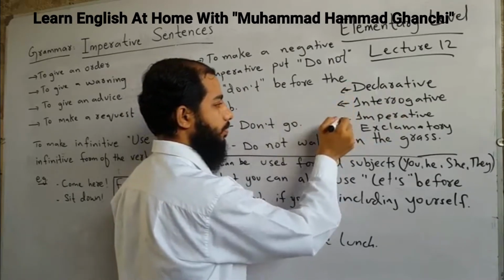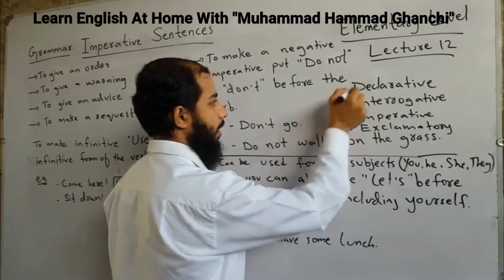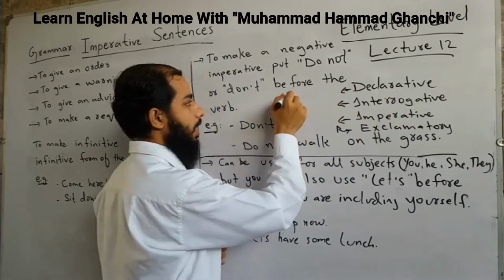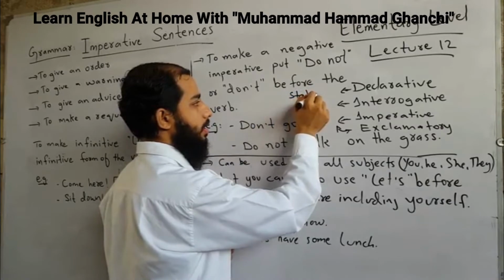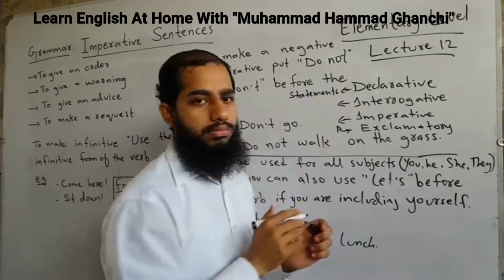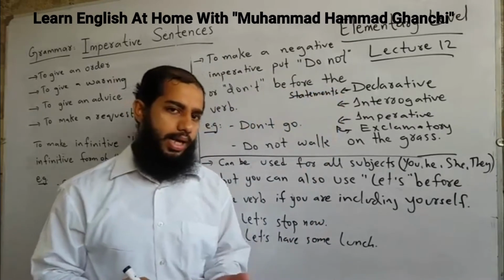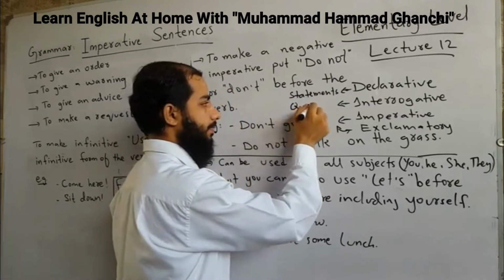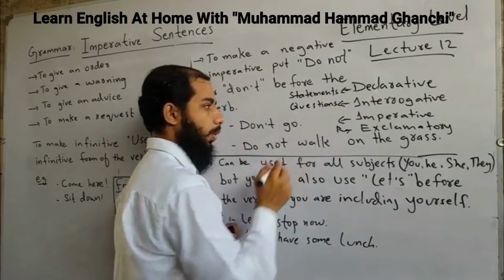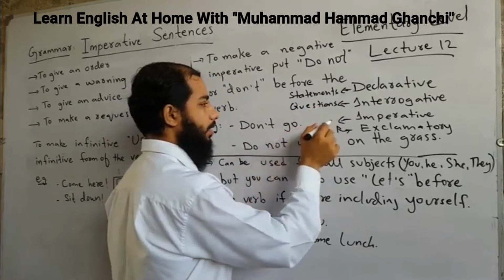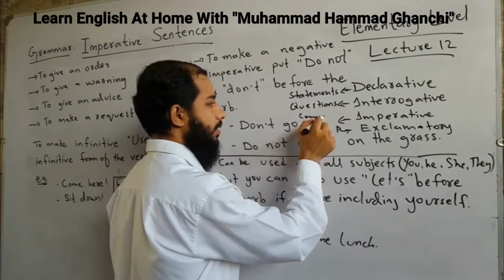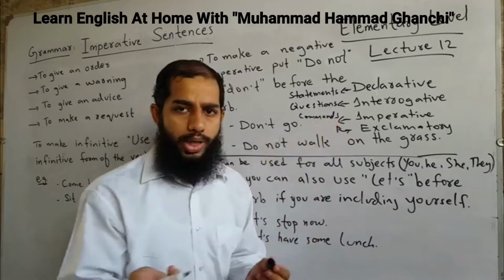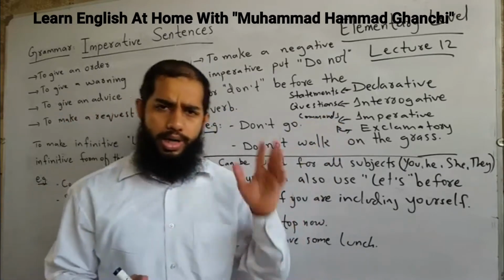Declarative sentences are basically statements, which can be positive or negative. Interrogative sentences are questions. Imperative sentences are mostly used for commands, hukum dena, which can be a command, order or warning.